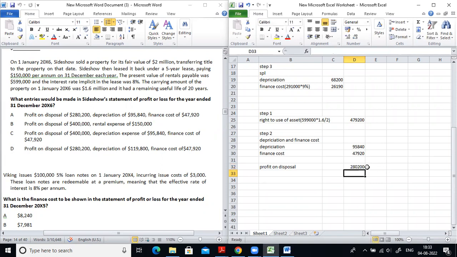So the profit on disposal which you will be getting is 2,80,200, which is related to the recognition of profit on disposal for unretained part.